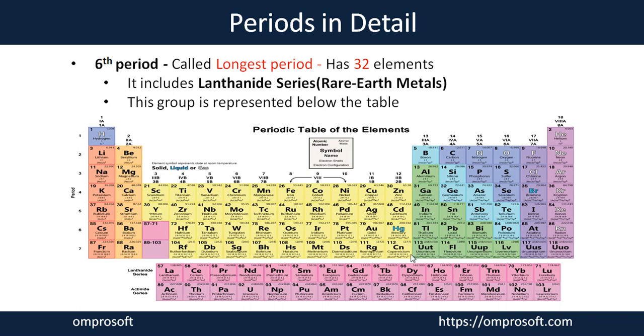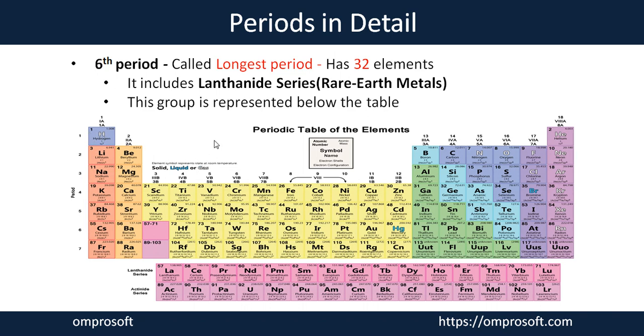You can see here, from atomic number 55 to 86 includes this lanthanide series. All these elements are part of period number 6. That is why it's called the longest period as compared to all those present above the 6th period.